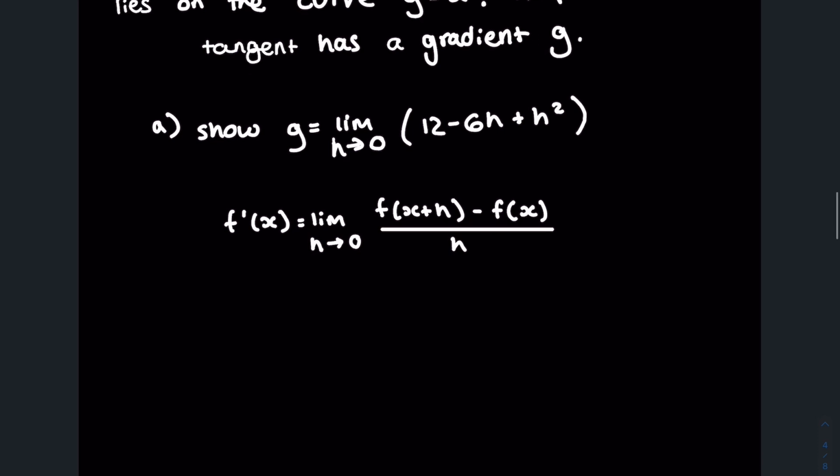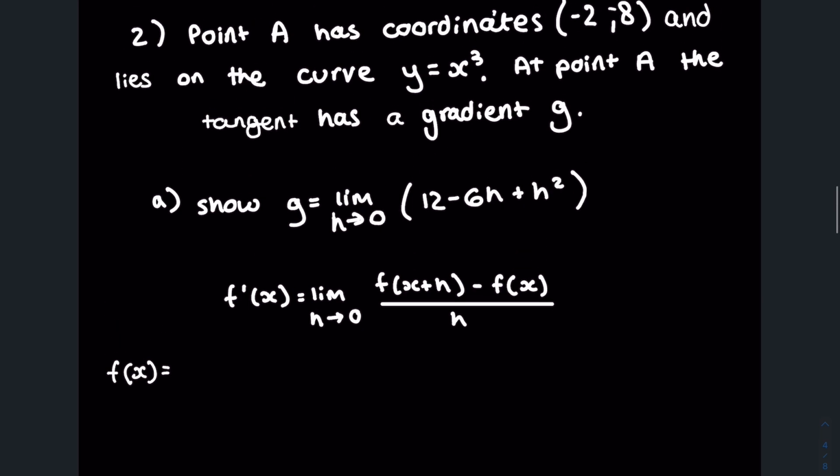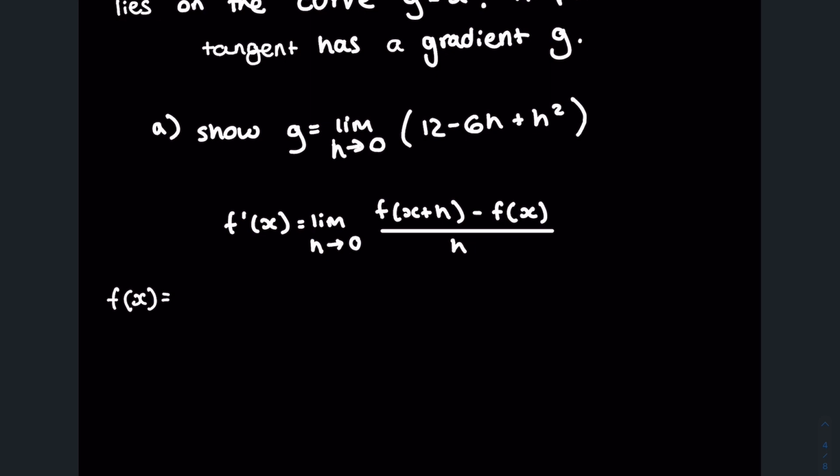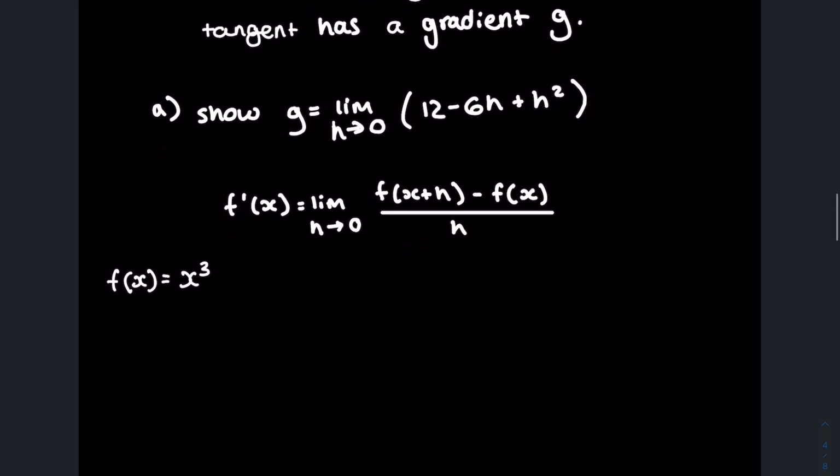So again, I'm going to do everything that I did before. I'm going to find out what my undifferentiated function is, that we're trying to differentiate, which is x cubed, and what our f of x plus h would be.